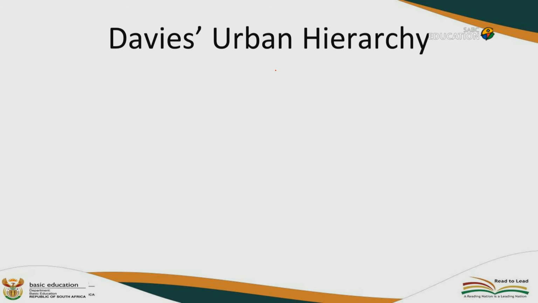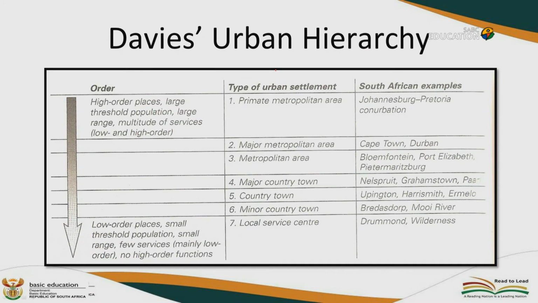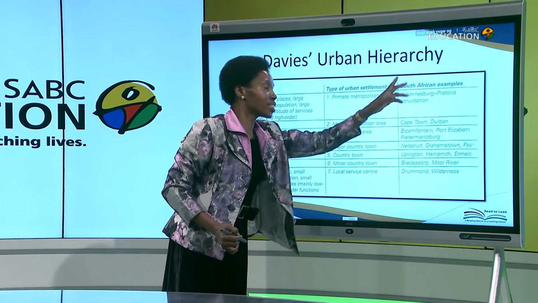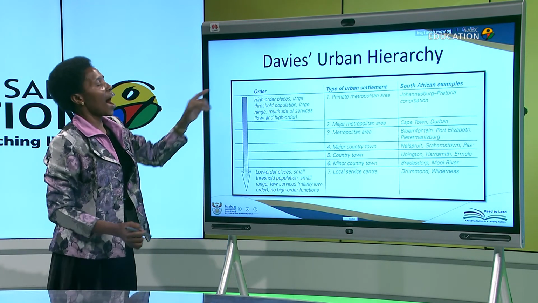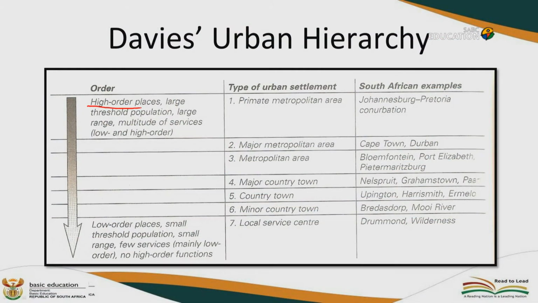Okay, let us look at our table here. This table is a summary of what we're explaining when we are talking about central place concepts. I have the columns for order, type of settlement, and the example that we found in South Africa. When we look at the first one, we have high order places. That's where we get those expensive things that we don't utilize each and every day.